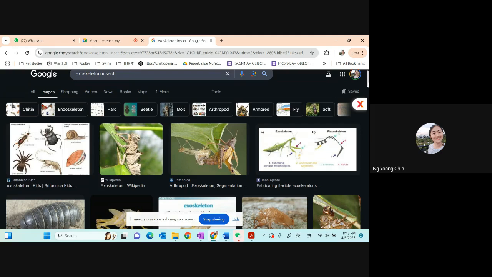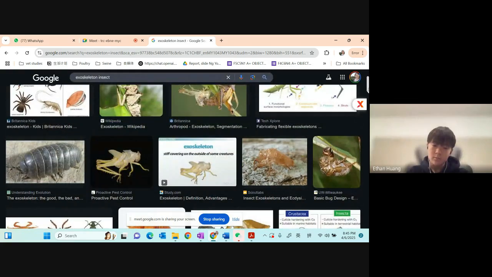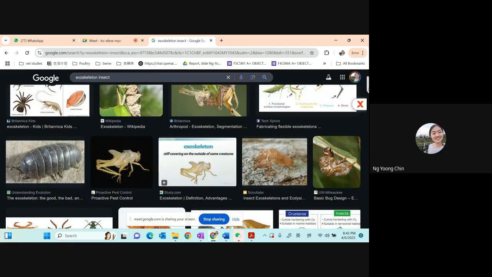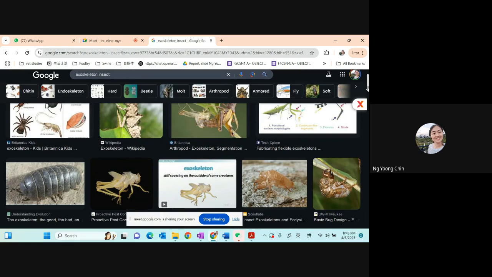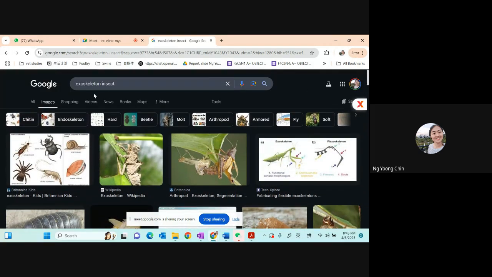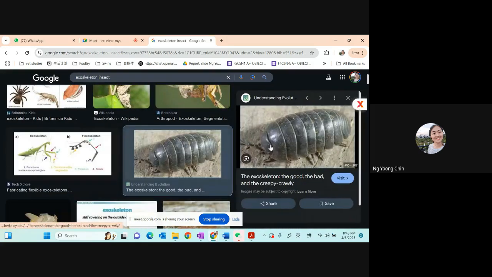No, they don't have bone. So if they don't have bone, how can they support themselves? They are supported by this hard exoskeleton. See, very hard. Actually, this hard exoskeleton is made from chitin. So chitin is a very, very hard structure. Actually, chitin is a kind of protein.